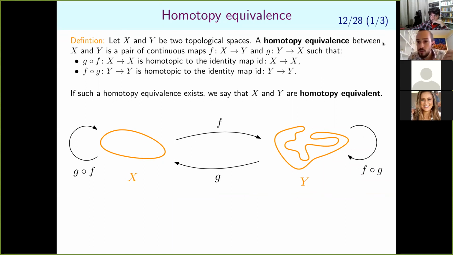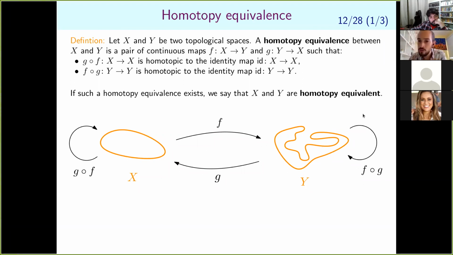A homotopy equivalence will be the data of two maps, one from X to Y and one from Y to X, such that the composition GF, which is a map from X to X, should be homotopic to the identity map on X. And conversely, FG, which is a map from Y to Y, must be homotopic to the identity map on Y.